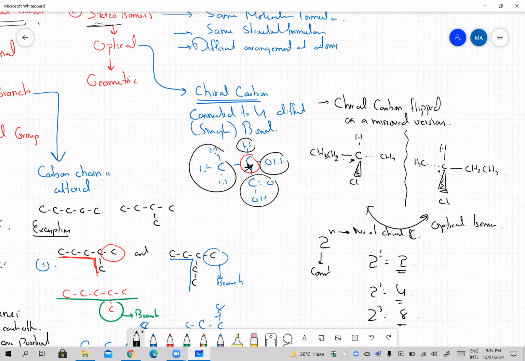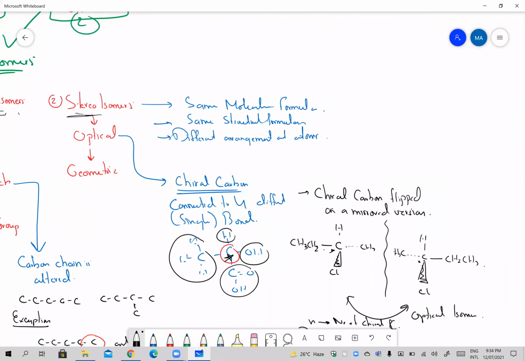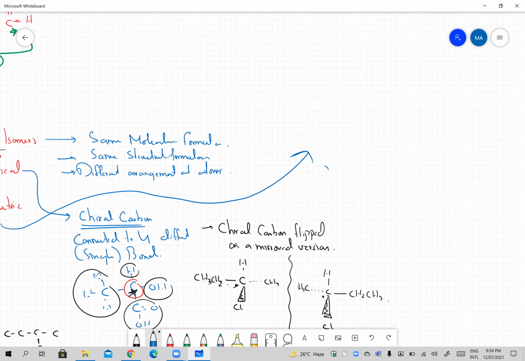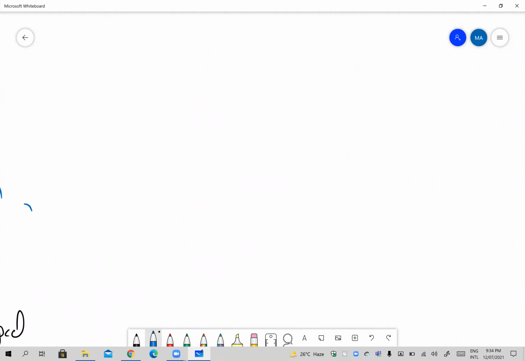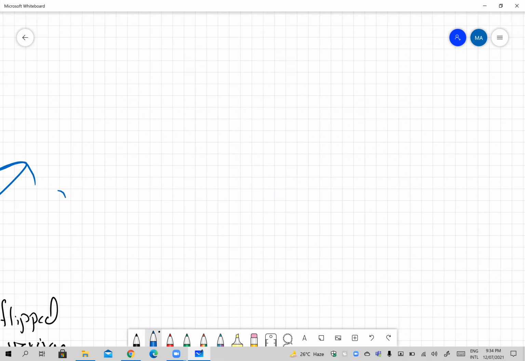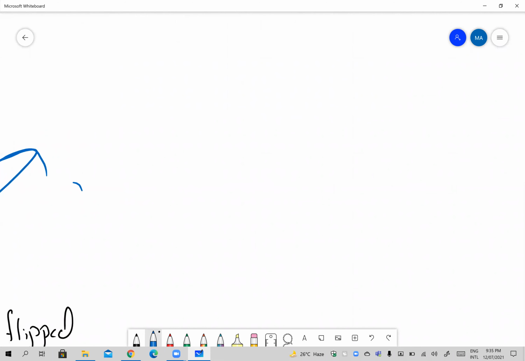Now, geometric isomers. I'm gonna write down the description here. Geometric isomers are all those isomers having a carbon to carbon double bond, first of all, and when that double bond is bonded to two different groups on different sides.